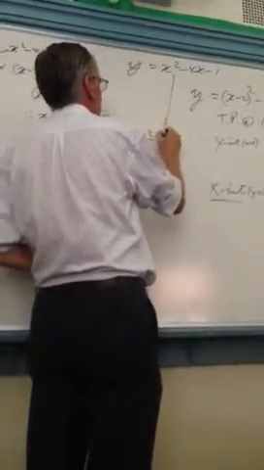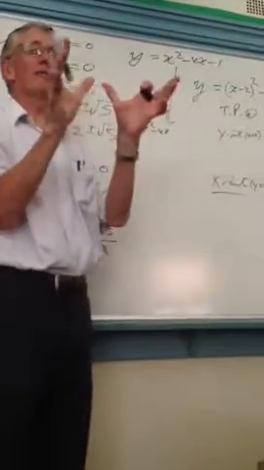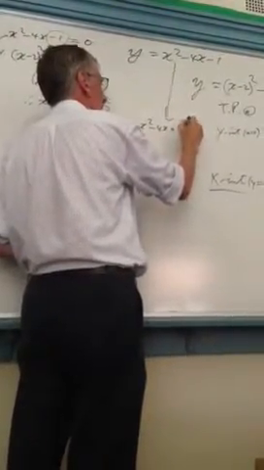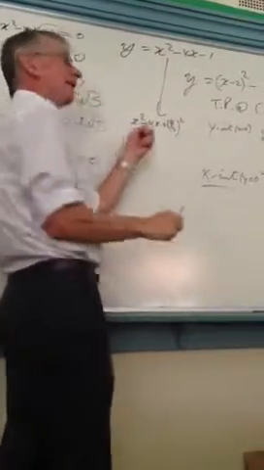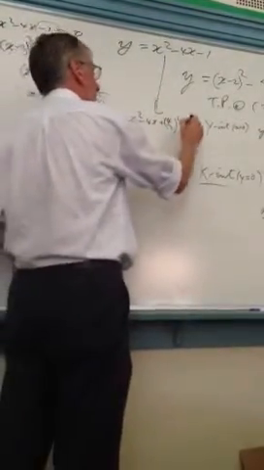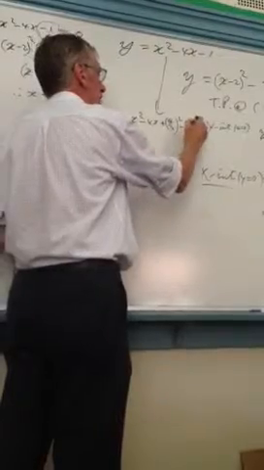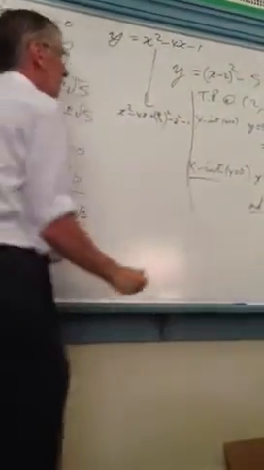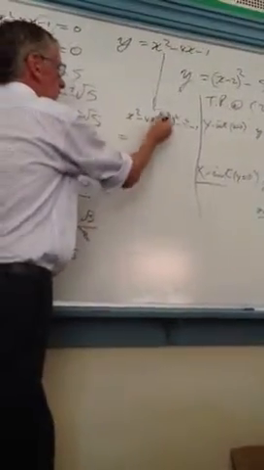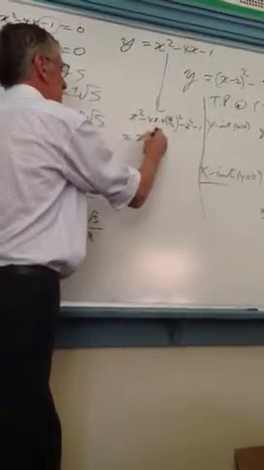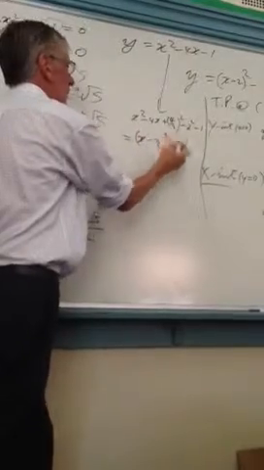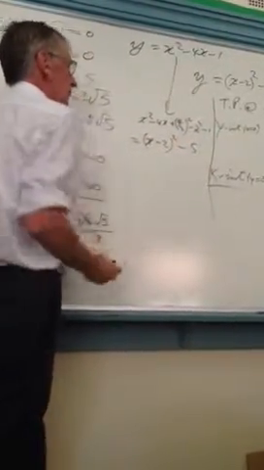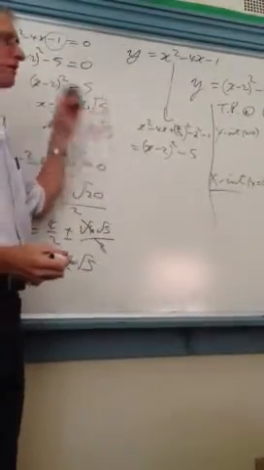X squared minus 4x, add half the coefficient of x squared, minus 2 squared, minus 1. And that would equal (x minus 2) squared minus 5. So completing the square.